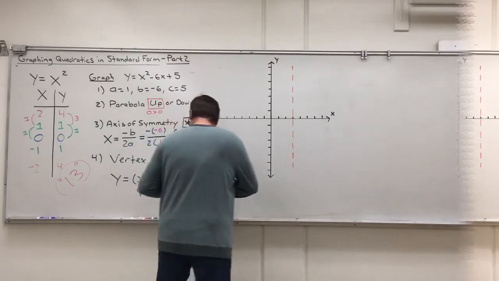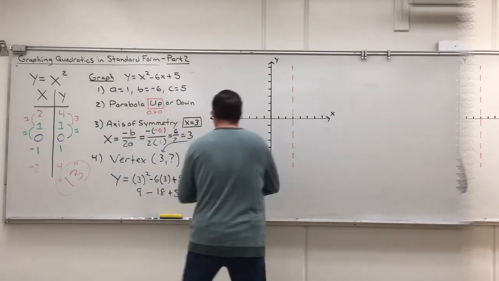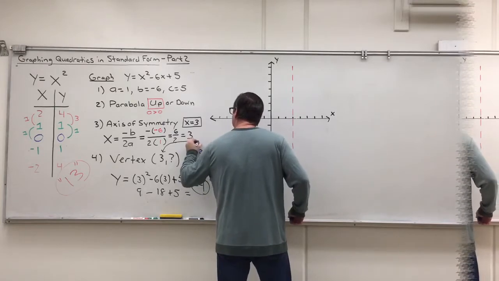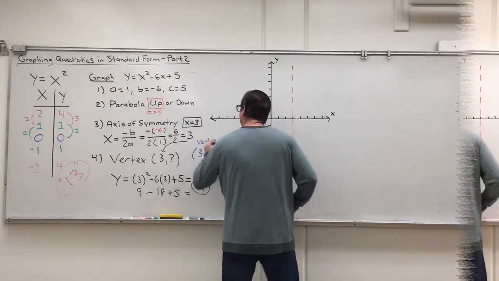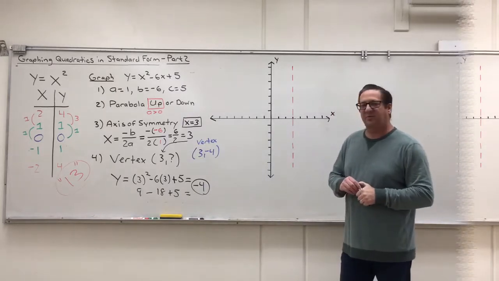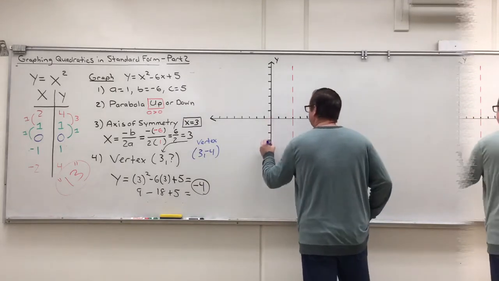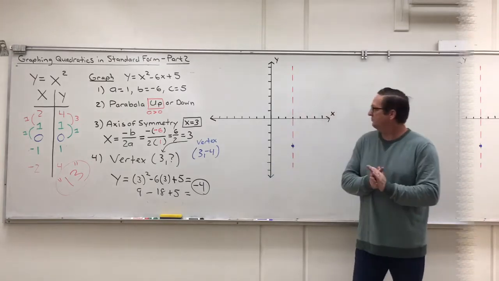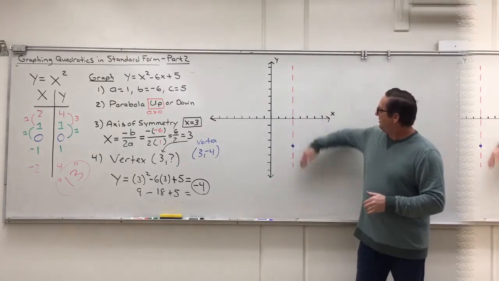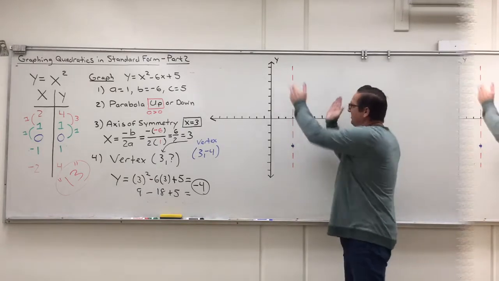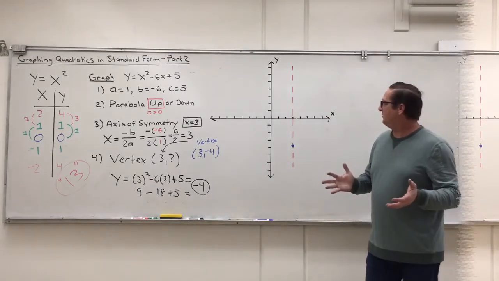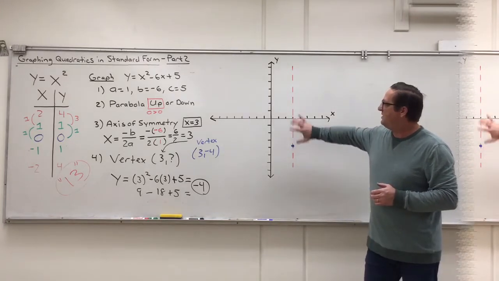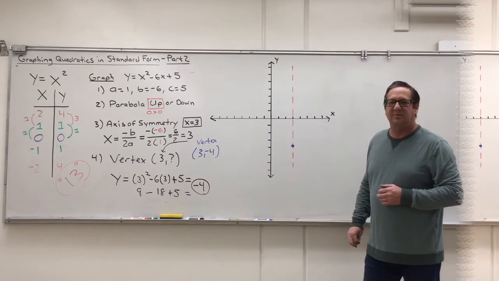My vertex there is my vertex, 3 comma negative 4. Okay? So I know I have a parabola going like this. I don't know what points it's going through, okay? But I know the center of that. So now I'm kind of ready to make my table.